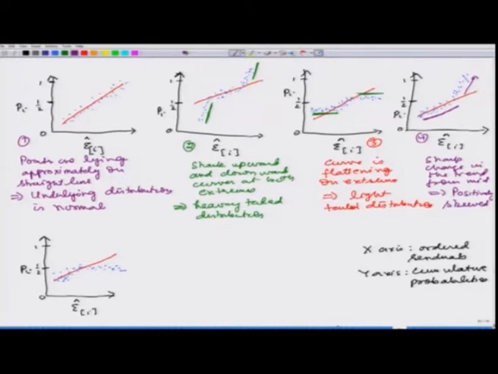And similarly, in figure number 5, one can observe that the points are initially lying close to the straight line, and suddenly there is a sharp change in the trend from the mid, but in the downward direction.